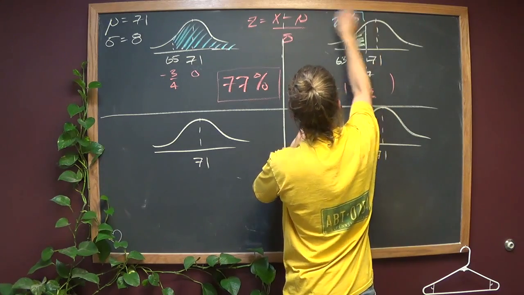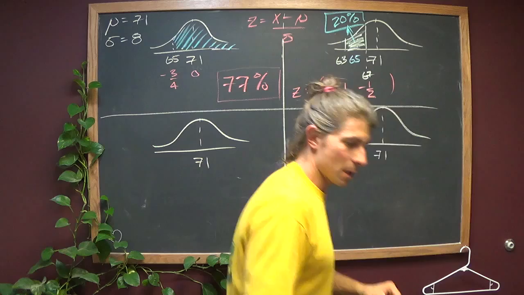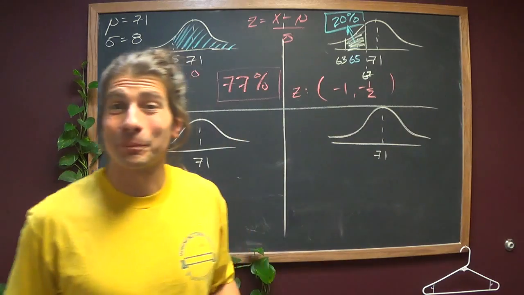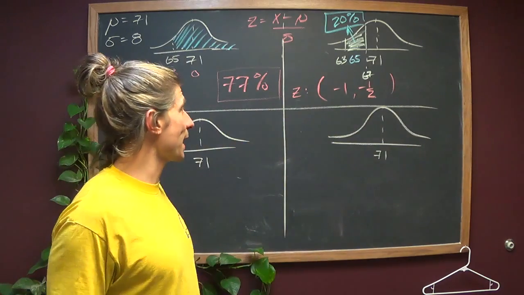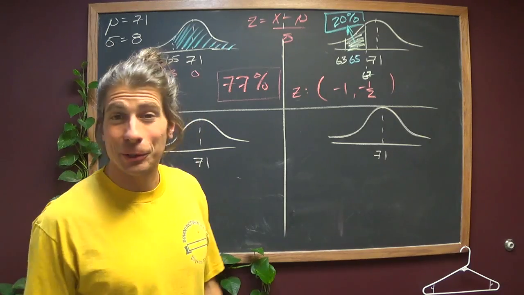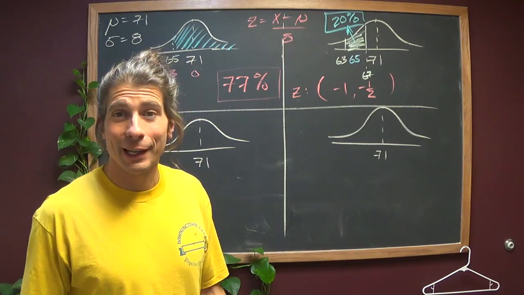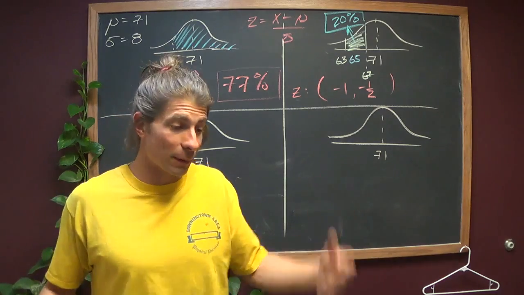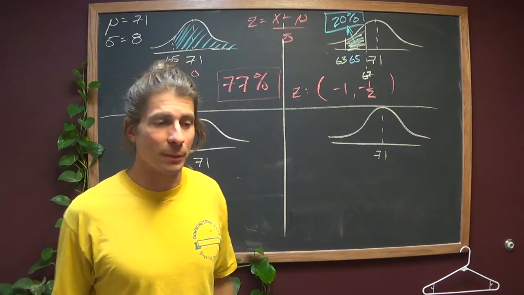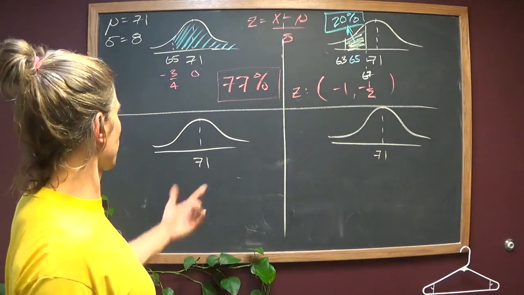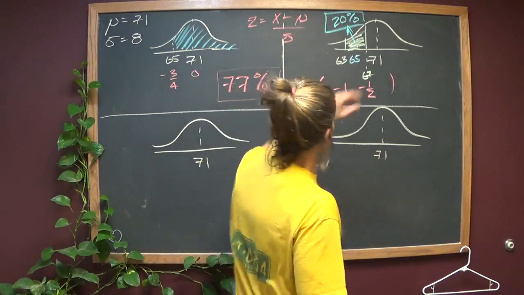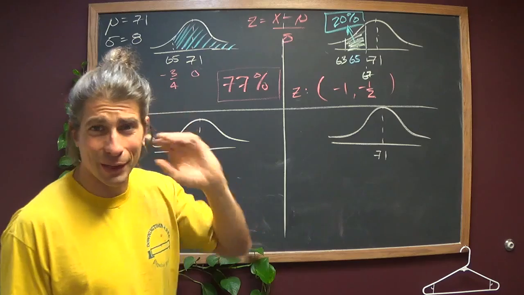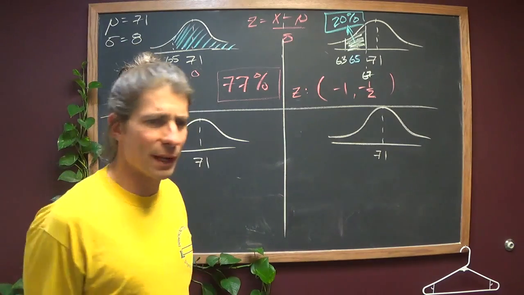So 20% is your area between -1 and -1/2, giving you your percentage of those within 2. Now, why you would need to know that, I'm not sure. I made that one up because I figured, why not? Let's do a between problem. So far so good. 77%, 20%. I'm rounding these off to, I think, the nearest whole percentage, so do with it as you will.